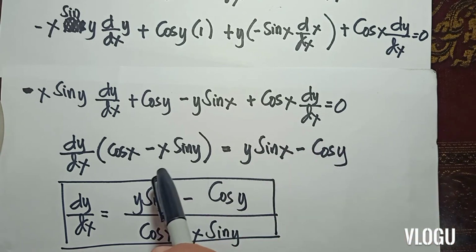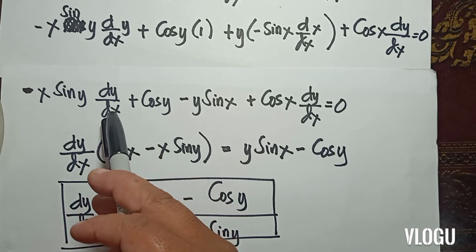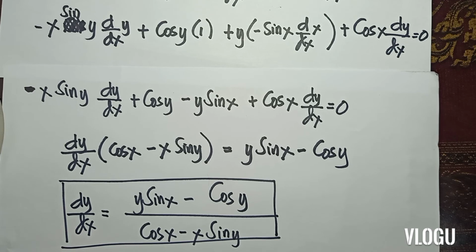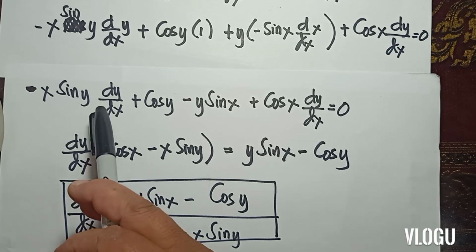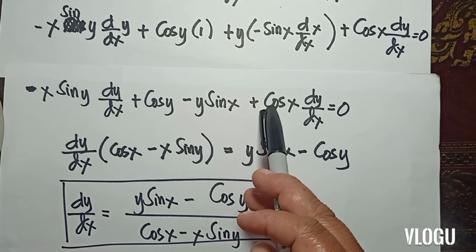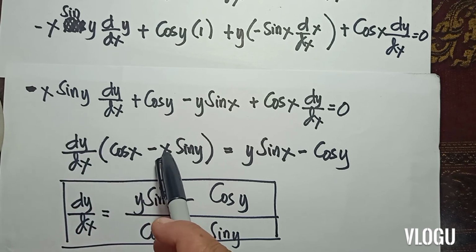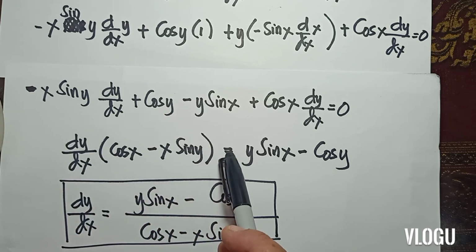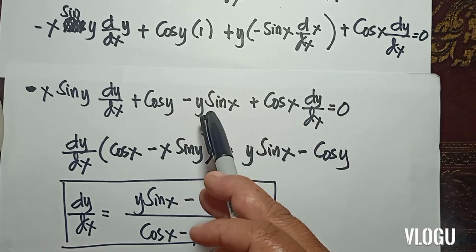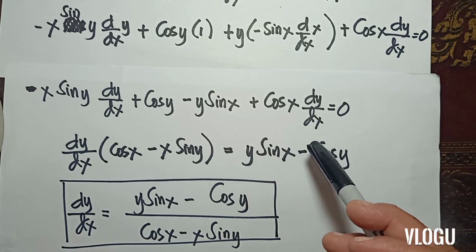So, therefore, we are going to combine all the dy/dx. Looking at dy over dx, we start with positive: cosine x minus x sine y equals, transposing this to the other side, it becomes positive y sine x.